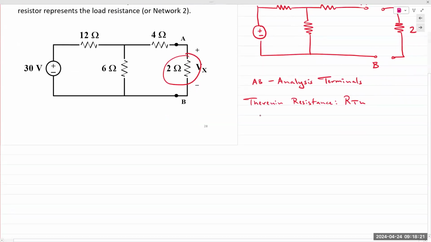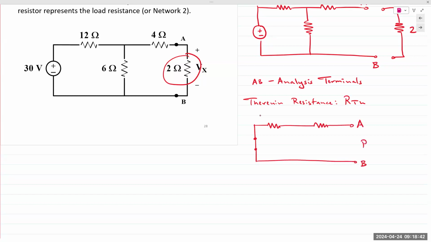RTH is Req. Req between A and B. So does everyone have the same answer? Any questions?